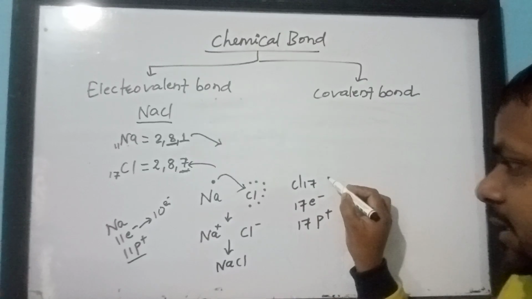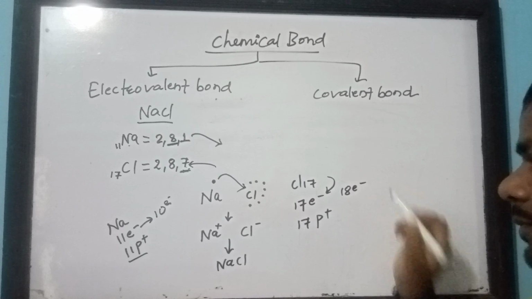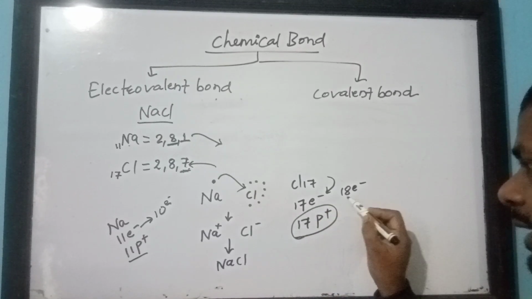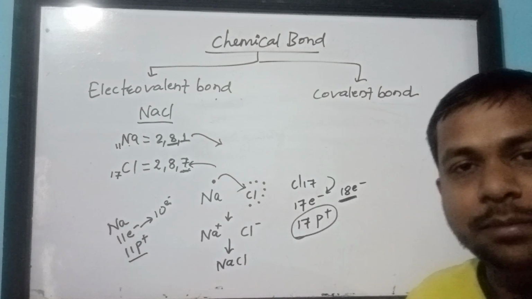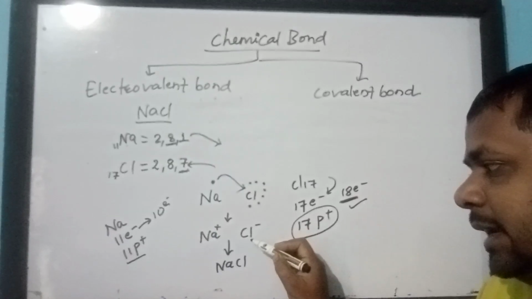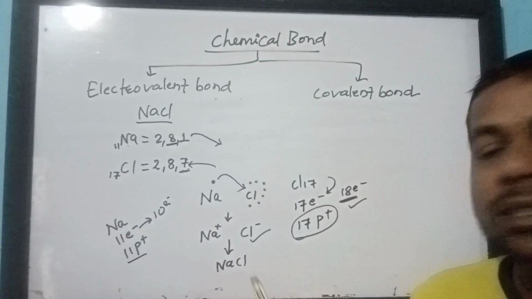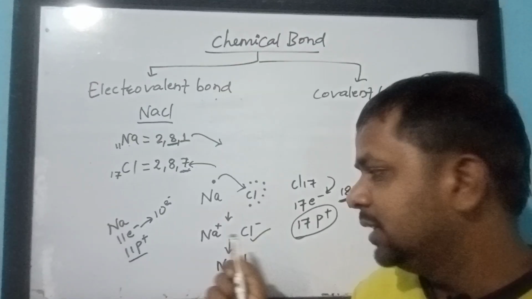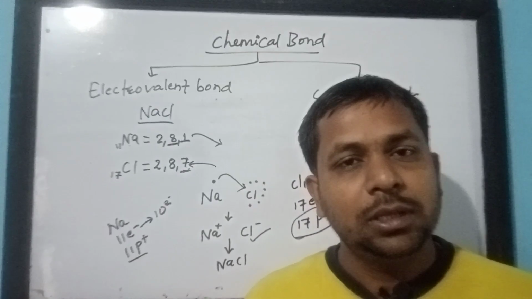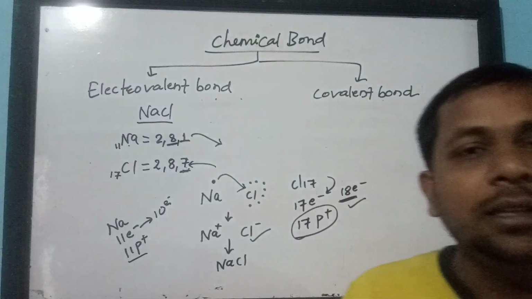When this chlorine atom gains one electron, now it will have 18 electrons. And the 17 positive charges will cancel only 17 negative charges, and one electron will be more here, so one negative charge is developed over here. And due to the presence of this positive and negative charge, these two atoms cannot go away from each other, and they remain together to form NaCl.